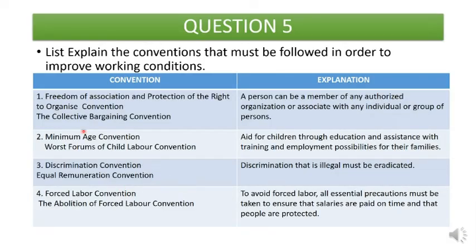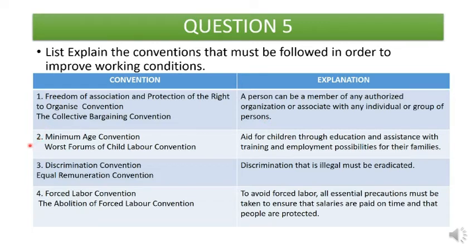Question 5. List and explain the conventions that must be followed in order to improve the working conditions. Convention 1, freedom of association and protection of the right to organize convention. The collective bargaining convention. Okay, a person can be a member of any authorized organization or associate with any individual or a group of people.